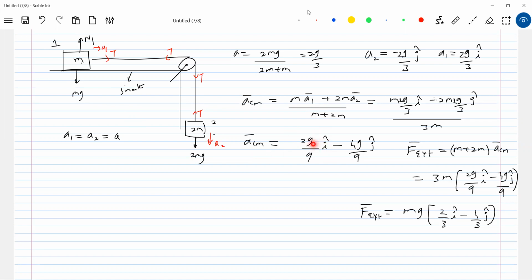From where has this come? These are some very good questions that we can answer using this. If I ask you what is the net force acting on the system, don't say 2mg.